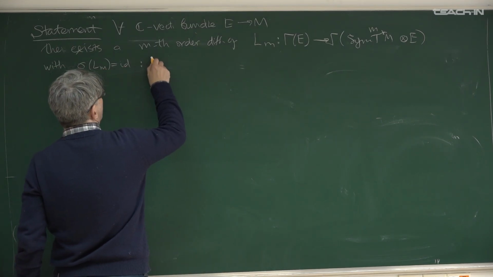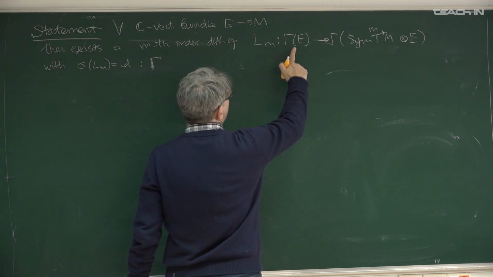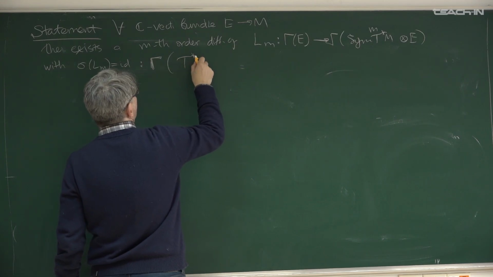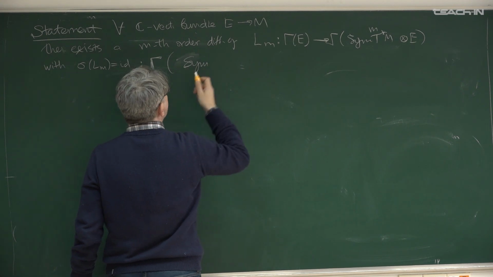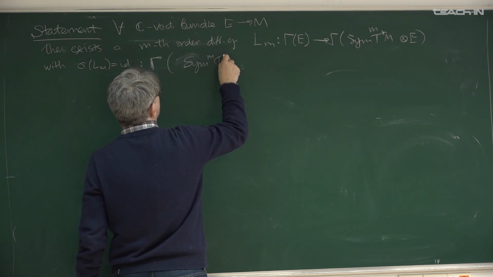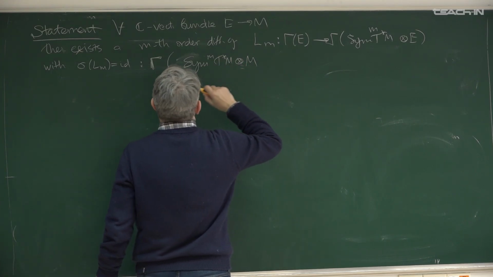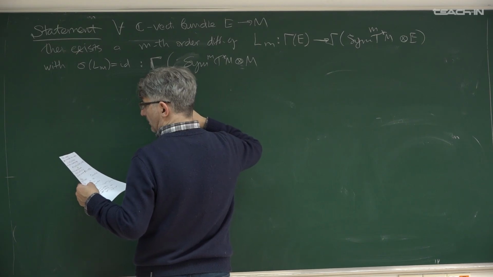It's a map from where? From sections of. So you need a place to substitute cotangent vectors. So it's the symmetric power of the cotangent bundle to the m.